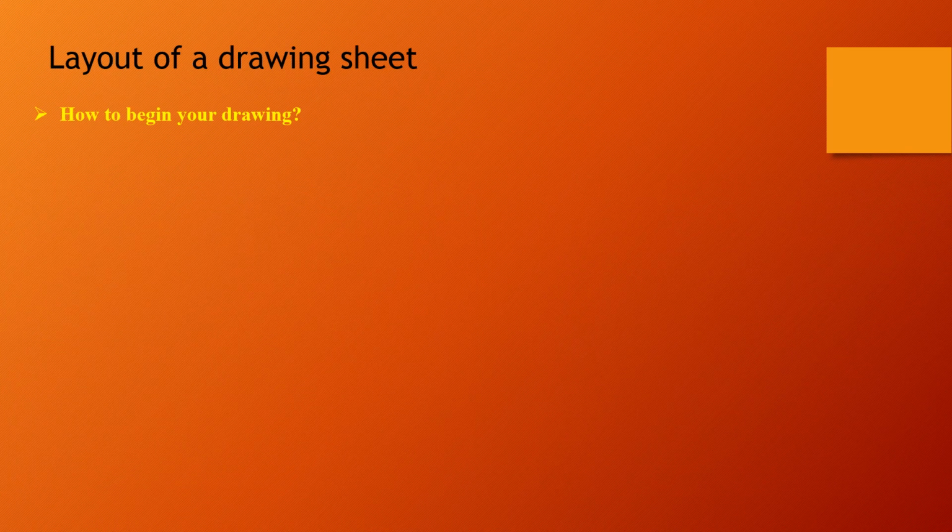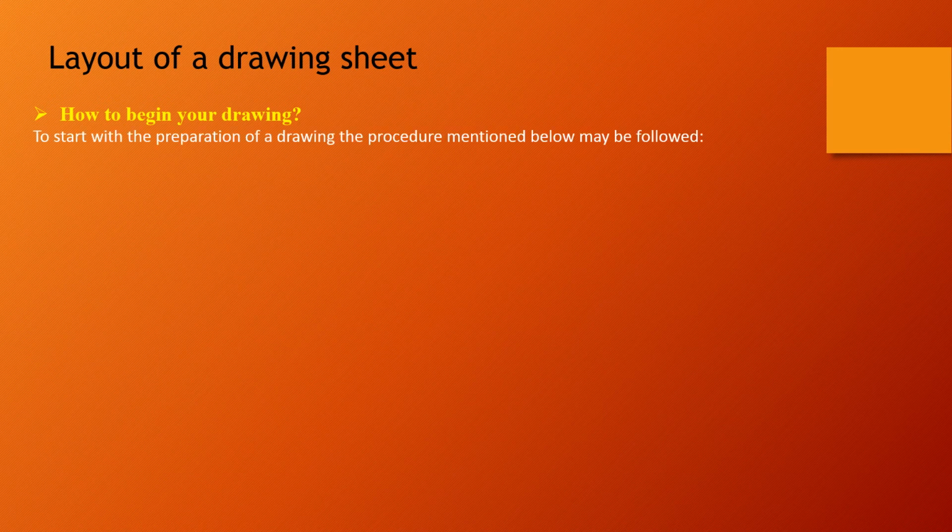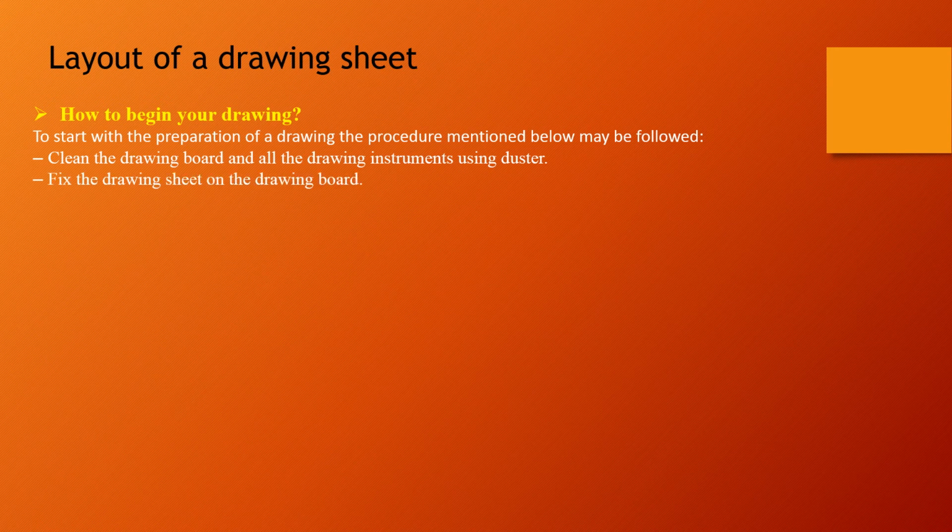Okay, layout of a drawing sheet. How to begin your drawing? To start with the preparation of a drawing, the procedure mentioned below may be followed. Clean the drawing board and all the drawing instruments using a duster. Fix the drawing sheet on the drawing board.